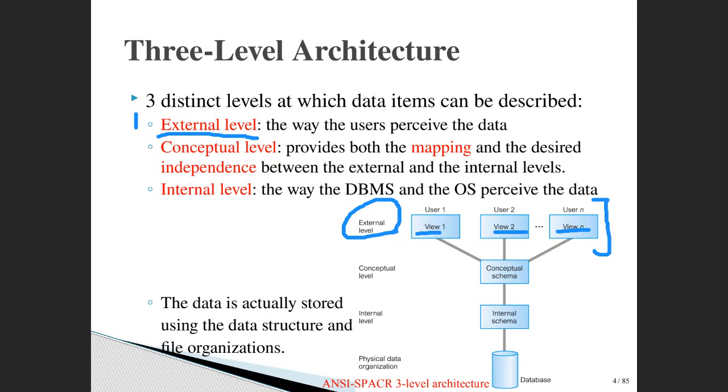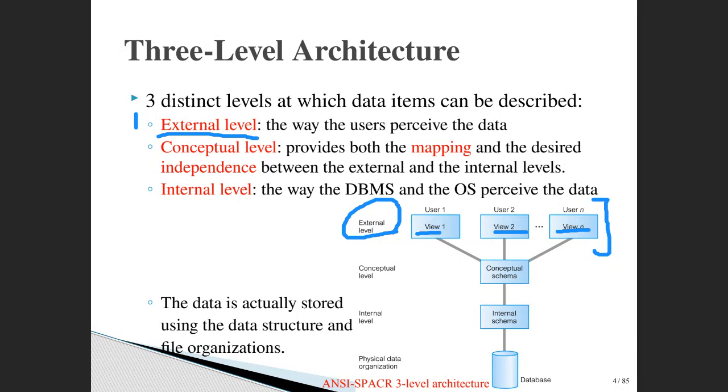So the advising list, for example, is not shown or displayed to the other views. It will be hidden. So that's the point of having views. And all these will be included within the external level of the database: the way the data is represented in the real world, depending on each user requirement.